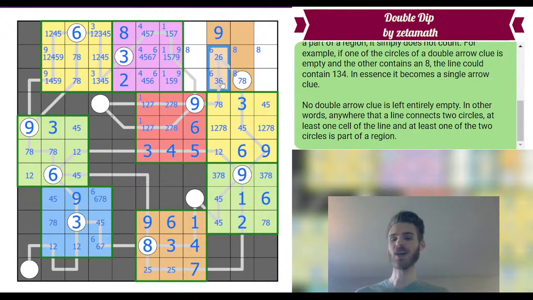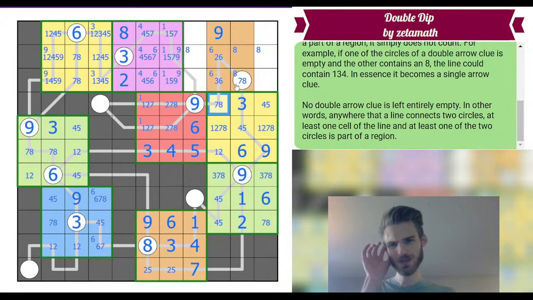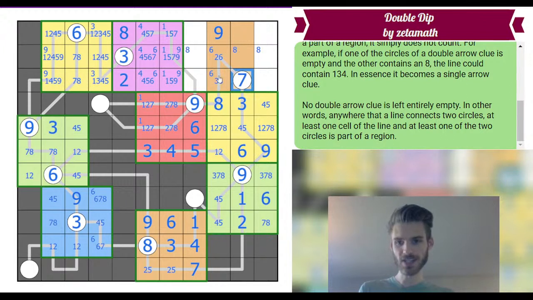So 8 plus 8 would be 16, right? So this would have to be an 8, and this would have to be a 7 for this to be a 2, 6.